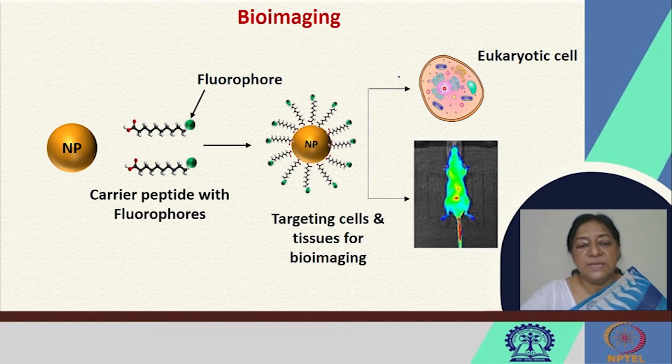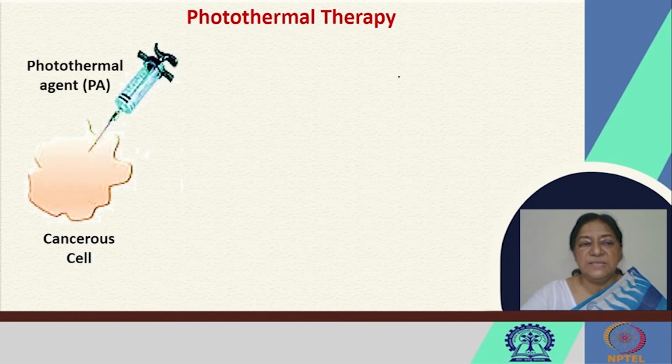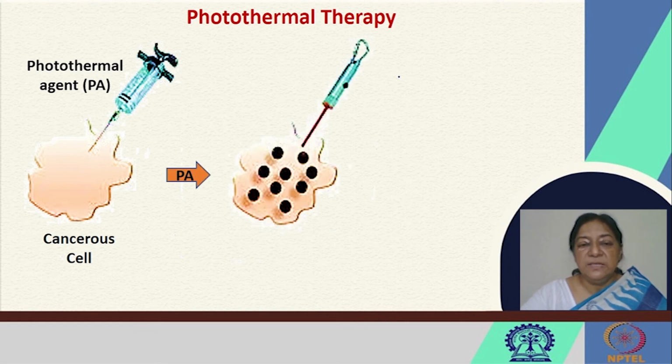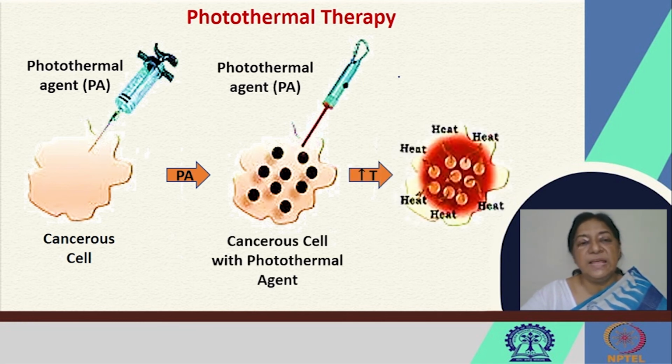So, looking at targeting cells and tissues for bioimaging. In photothermal therapy, as the name implies, if there is a cancerous cell, it can be targeted with a nanoparticle and a photothermal agent created, and the cancerous cell with the photothermal agent then gets destroyed with the application of heat.